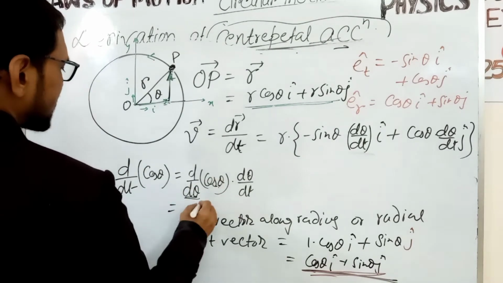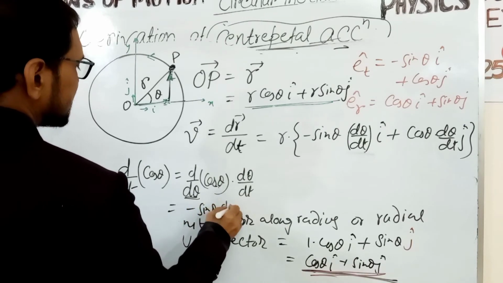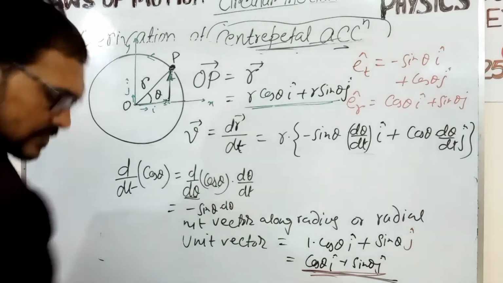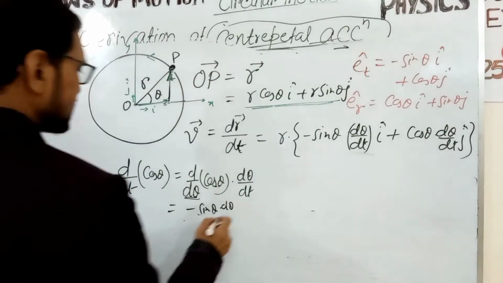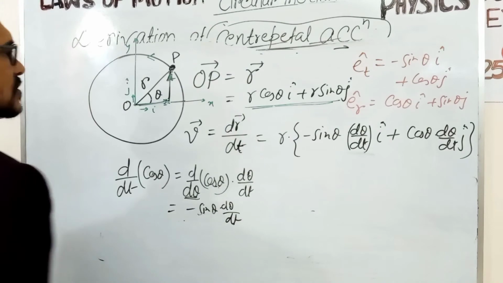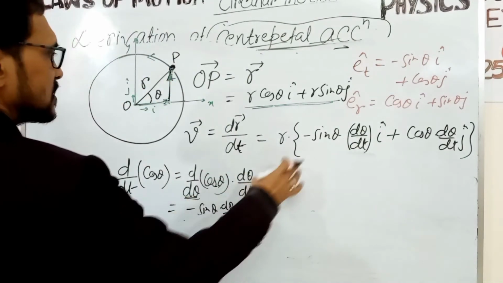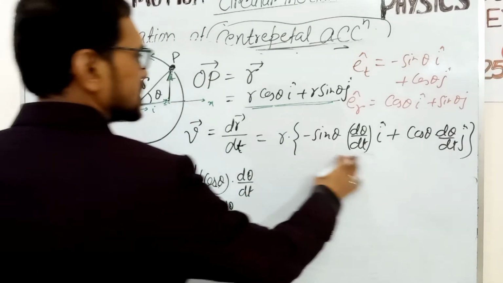The formula of this is minus sin theta and d theta by dt. That's why in this method this derivation comes. So this is the derivation.